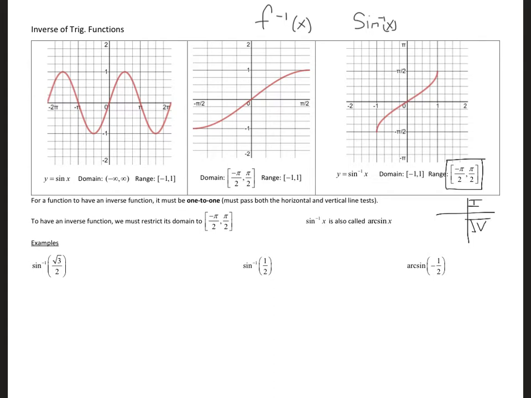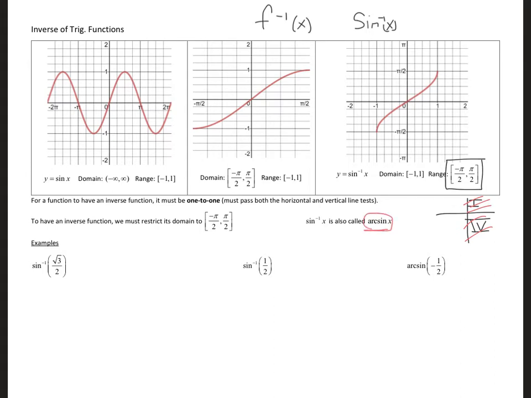There is no other place where the sine inverse is defined. So it has to meet the two criteria. It has to be in these quadrants, and it has to be between -π/2 and π/2. The other thing I want to point out here is that the sine inverse is also called arc sine. You can see it right here.